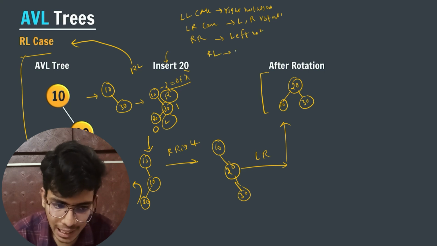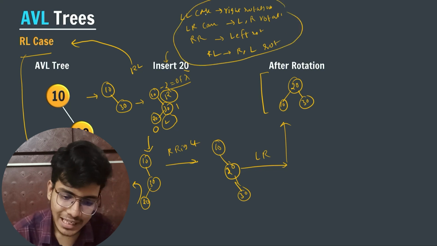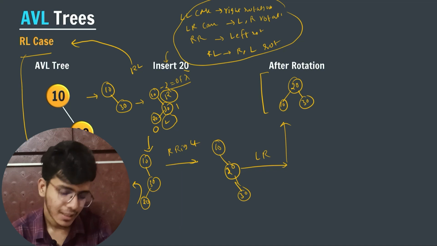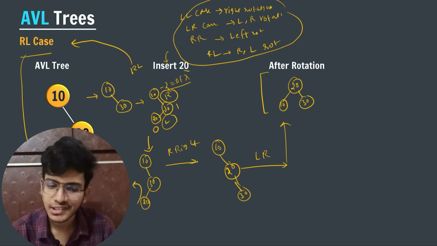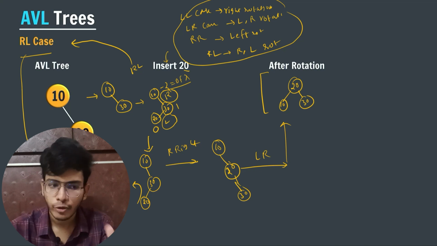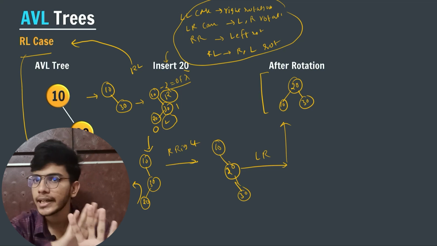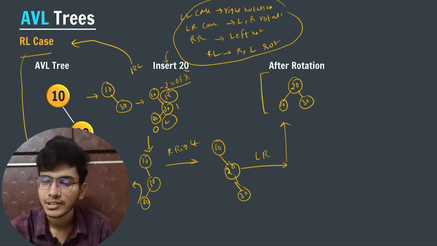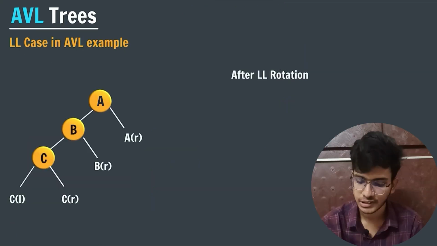And whenever I get an RL case, first of all I will perform a right rotation and then a left rotation. This is what I do. On these 3 nodes, based on the condition, I will perform the corresponding rotation. Whatever rotation is needed, I will do that. So these are the 4 cases, and in any BST, whatever the nodes might be, we only get these 4 conditions, and based on the cases, we will perform the corresponding rotations.